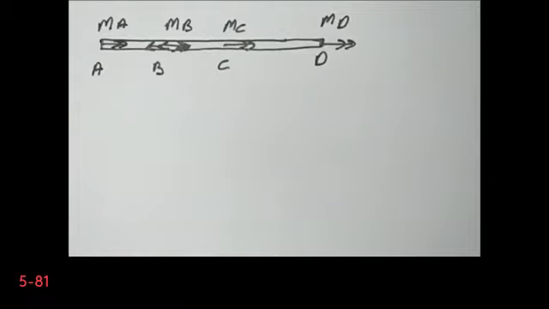In fact, the maximum twist of point A with respect to D is given. It is 5 10 to the power minus 3 radians. In order to write the equation for the twist, first I need to draw the torque distribution. This is what I need to do.